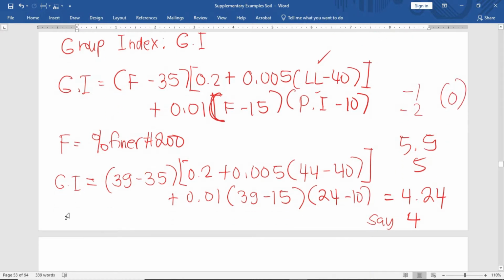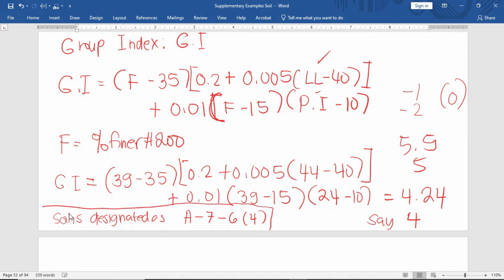So the soil is designated as A-7-6-4. Yan yung tawag natin sa soil.